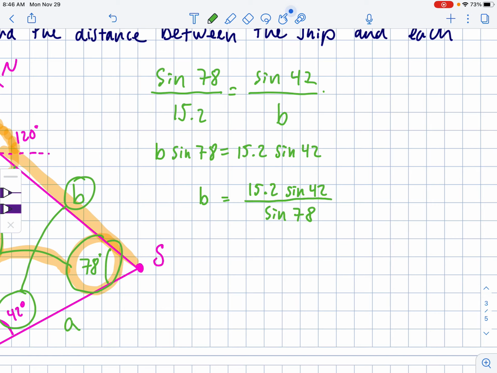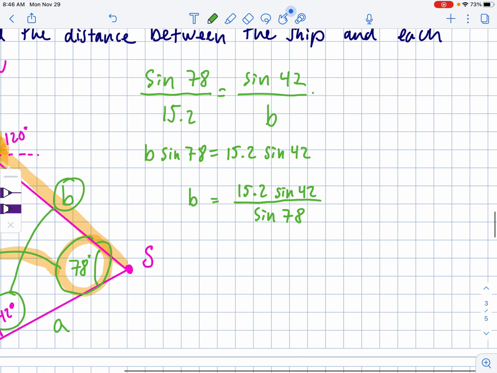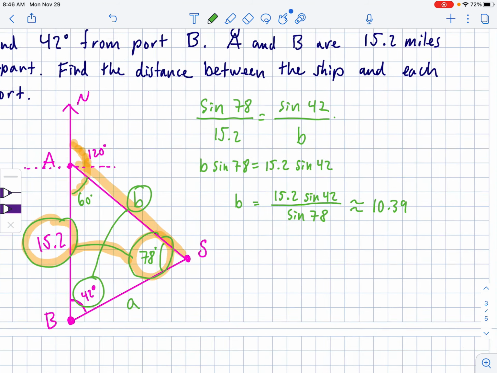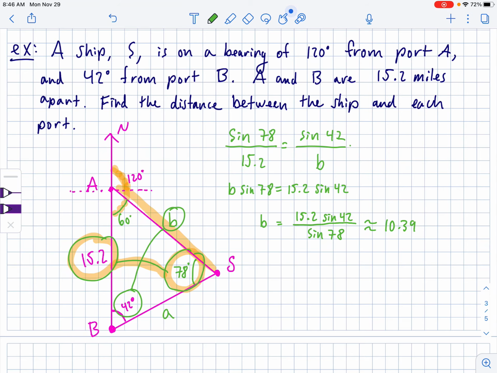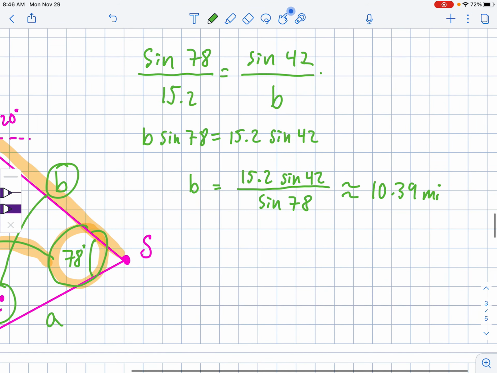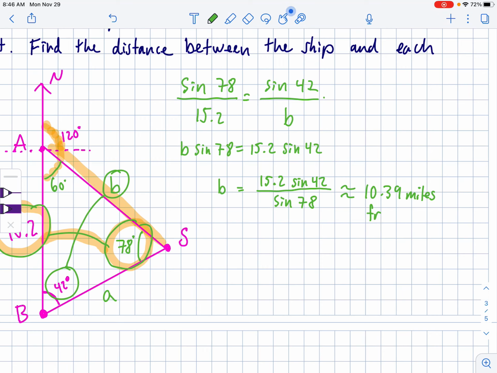Now, if you crunch that out on your calculator, here, I'll do it. 15.2 times sine 42, once again making sure your calculator's in degree mode, divide by sine 78. You're getting about 10.39, 10.4. And that is going to be, what are we in, miles? Yeah, miles. So it's 10.39 miles from port A.